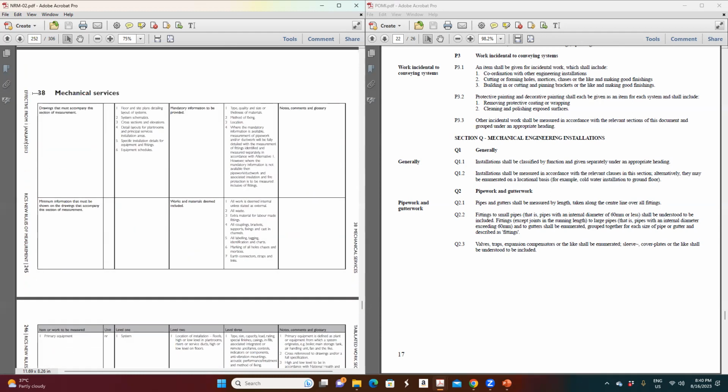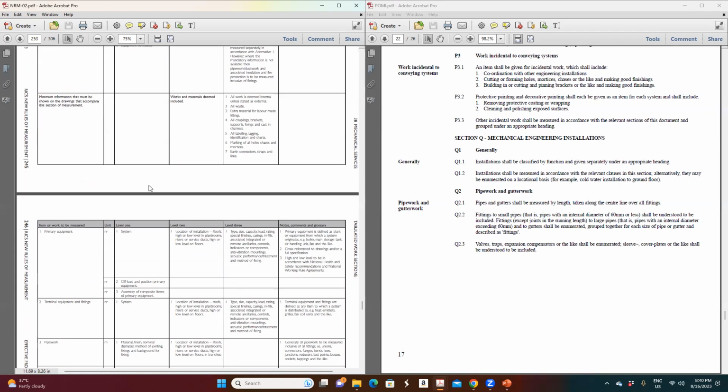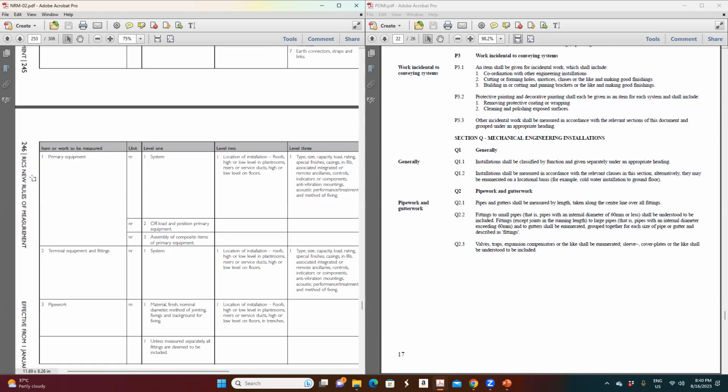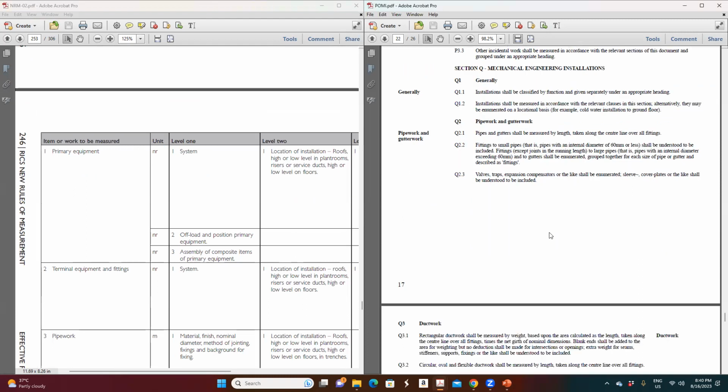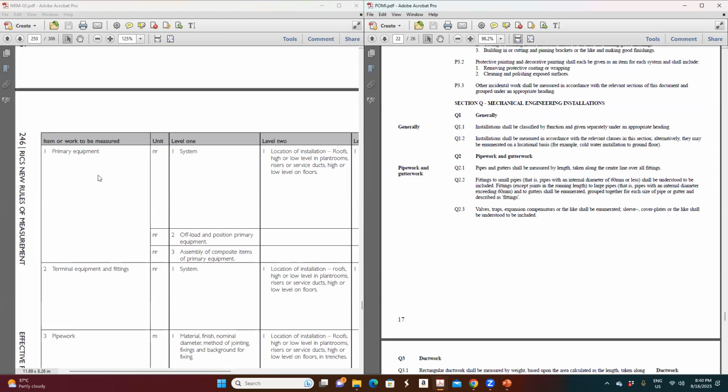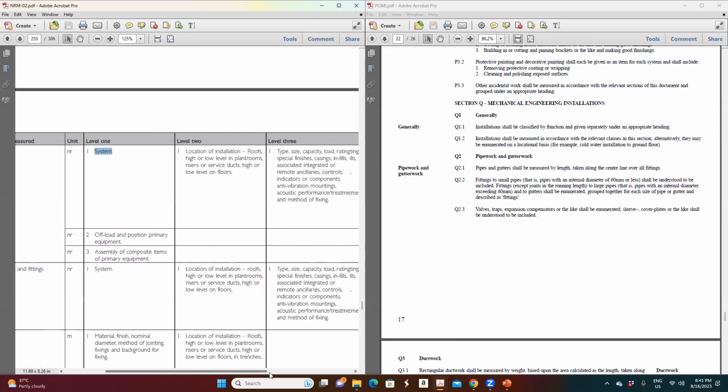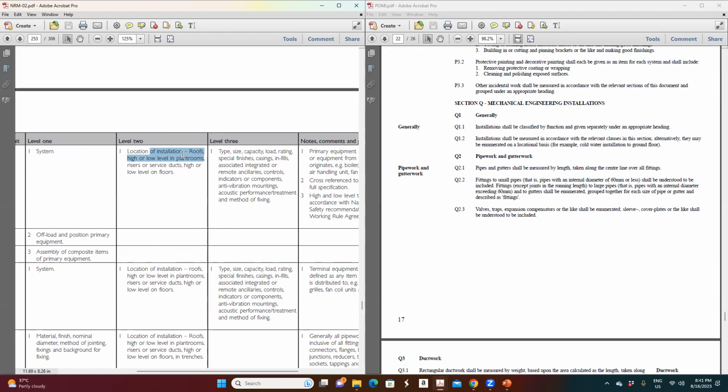Okay, mechanical, they mention under 38 sections. Starting from here, they said primary equipments, by number. Then you may not know what a primary equipment is. They said level 1 is system, level 2 is location of installation or roof, whatever it is, to be specified.